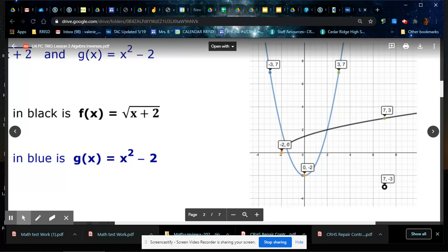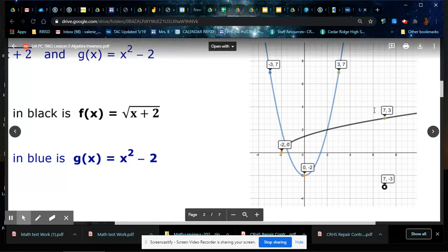There's a problem though. What about this point over here, -3, 7? If everything was switched, you would expect 7, -3 to be here. So that's what this is representing over here. Do you see that on this black one here represented? No, you do not. Now, let me ask you another question.